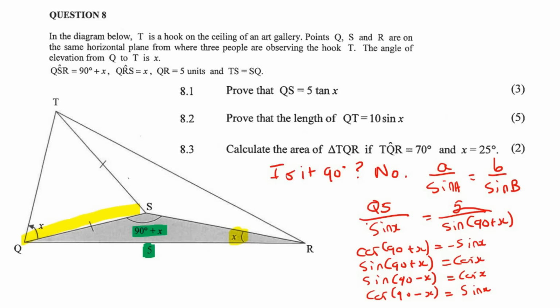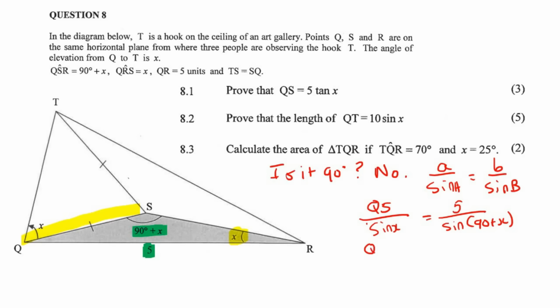So what we have here is the sin of 90 plus x. So that's going to be this one here. And so that's just going to end up becoming cos x. And so what we can do then is we can change this to become cos x. And so that would give us QS over sin x equals 5 over cos x. What I'm then going to do is just get the QS by itself. So that means that QS is going to be equal to, so I'm going to multiply this sin x up to the top here.